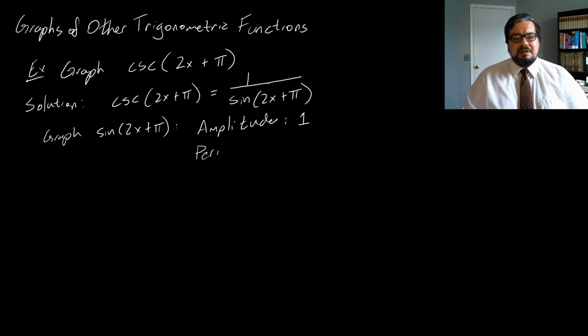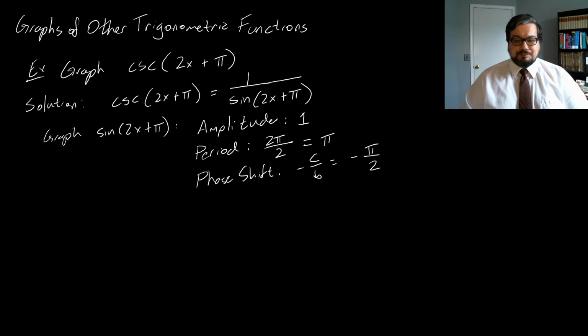The period we can obtain by taking 2 pi and dividing it by b, the coefficient of x. So that's going to be pi here. And then the phase shift is negative c over b, which is negative, in this case, c is pi, and b is 2.